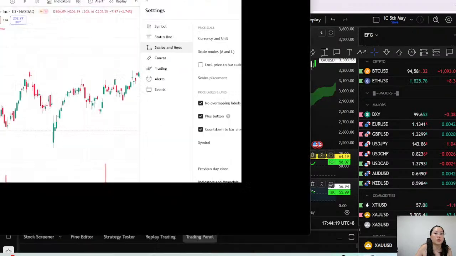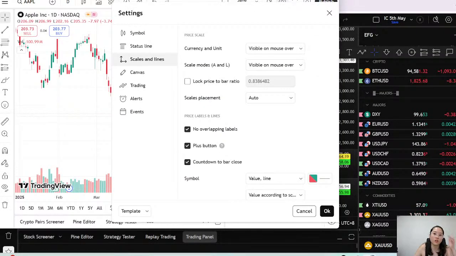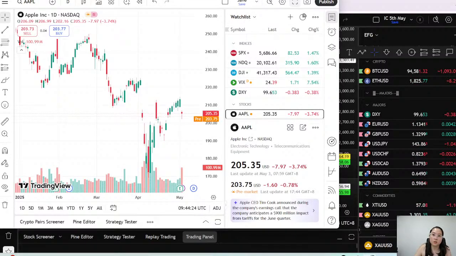Okay, I found a clearer chart, so we're gonna use this one instead of that one. That one is too dark and messy. I don't know if it will be clear for you guys. Oh, I don't know what's happening.